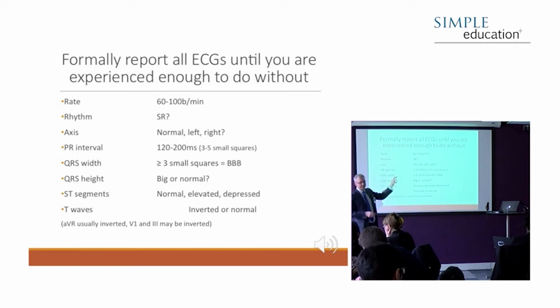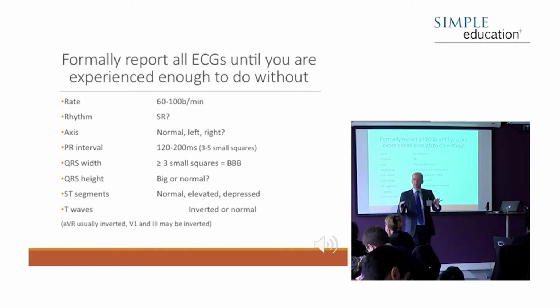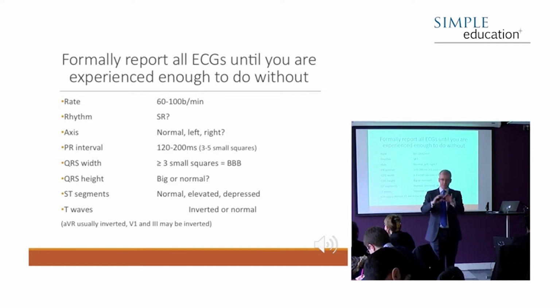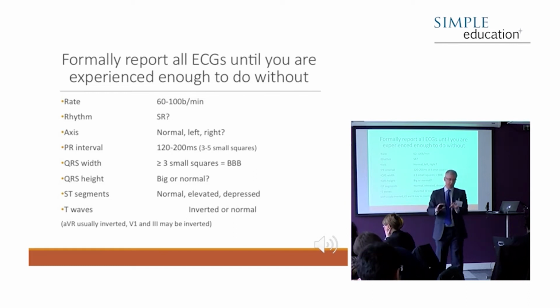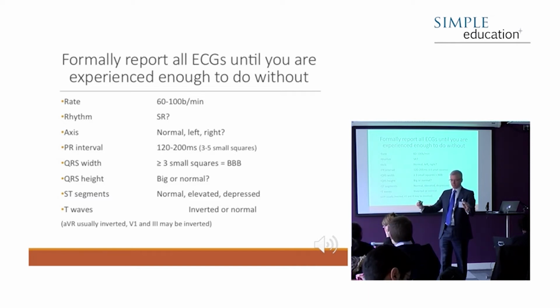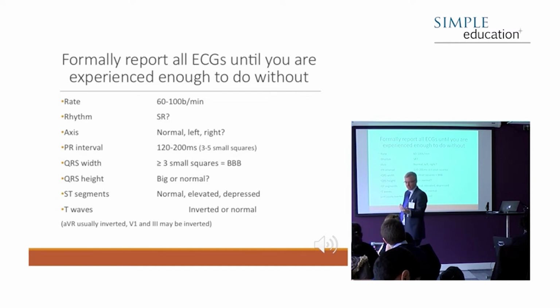So 60 to 100 beats a minute. You then look at the rhythm, and broadly, you want to define your rhythm into 3 categories when you look at the rhythm strip. Typically, the ECG computer will put lead 2 down onto the rhythm strip, and the reason for that is it's one of the best leads for seeing P waves. So V1 and lead 2 are very good for seeing P waves.